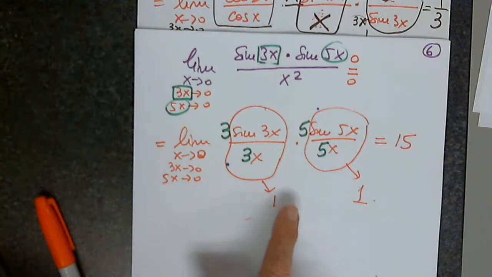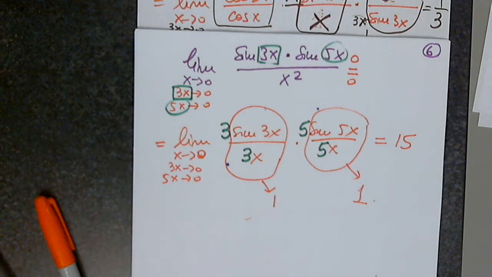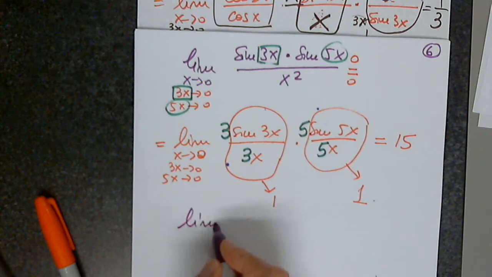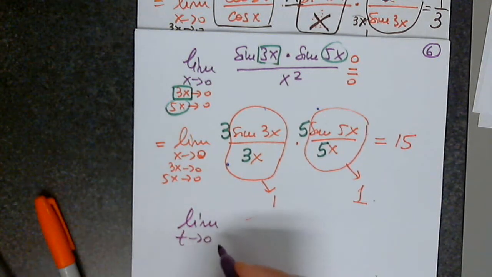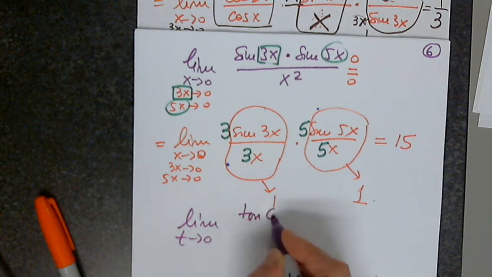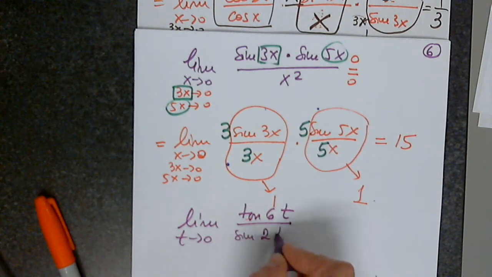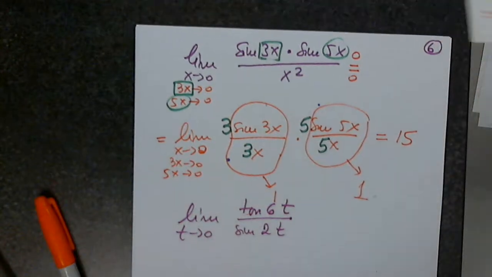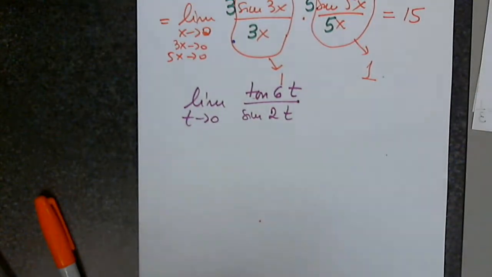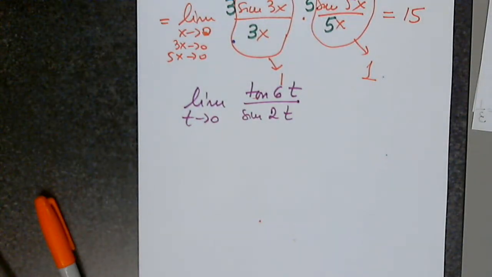Any questions on this? Let's look at one more. Limit as t approaches 0, tangent 6t divided by sine 2t. I have to plug in 0 first.